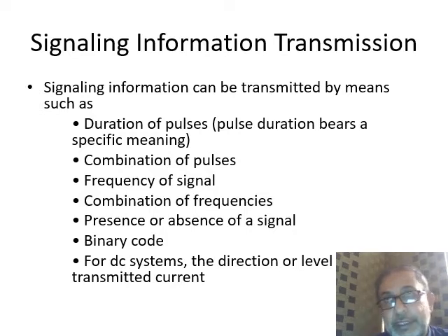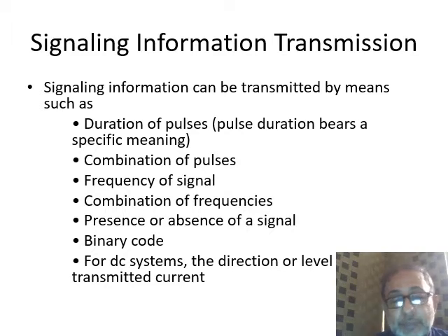For example, we can have a combination of two different frequencies to identify a particular digit in the telephone number. Then we can have a particular frequency of the signal, through which we can identify a particular message, and it can be sent over our telephone network. We will see a little bit detail of this frequency a bit later.